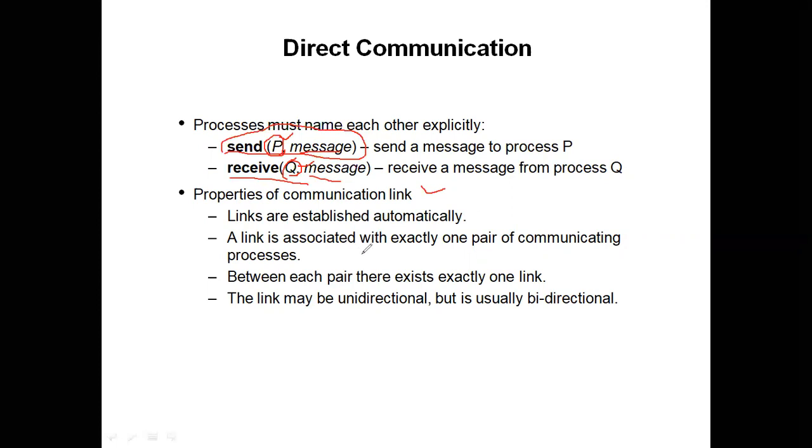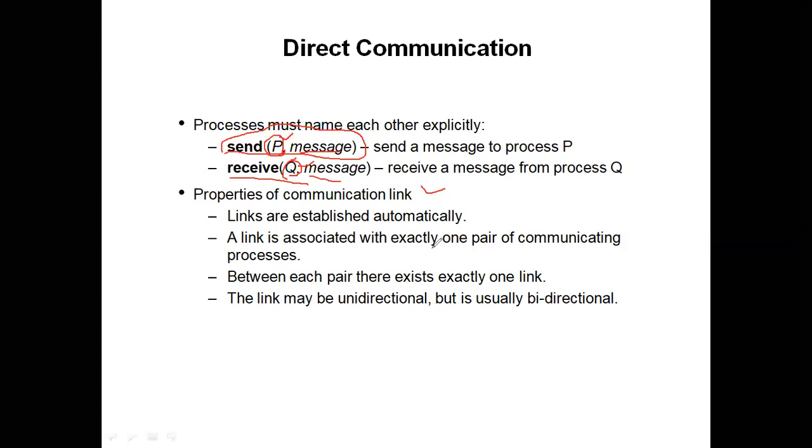The link is associated with exactly one pair of communicating processes. That means the same link cannot be used by different processes. If P and Q have established the communication link, then this link can only be used by P and Q.